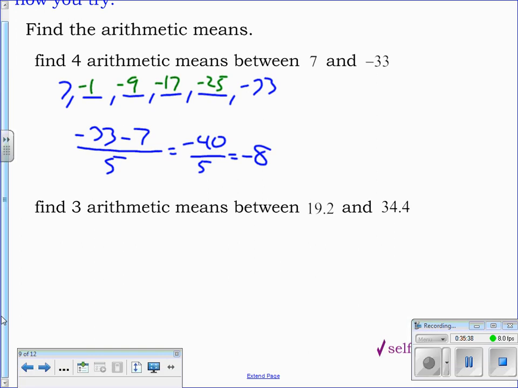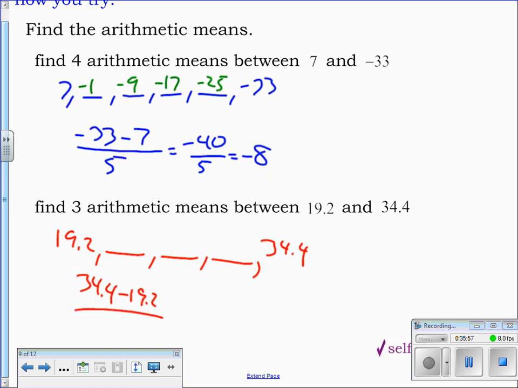And the next one, same concept. I'm going from 19.2, and I have 1, 2, 3 blanks between that and 34.4. So it's 34.4 minus 19.2 divided by 1, 2, 3, 4. One more than that. And I get 3.8.